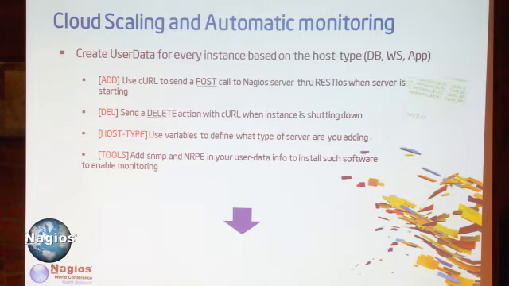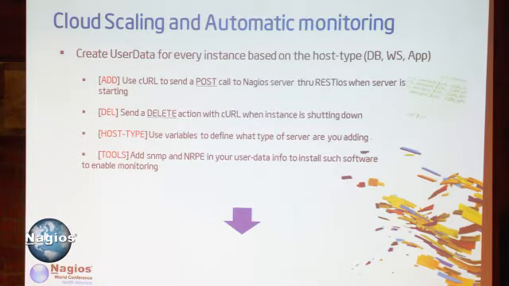The automatic monitoring is being done by the user data that I showed before. When you are creating the instance or when you are restarting the instance, you use a curl command to send a post to the RESTLOS interface when the server is starting.